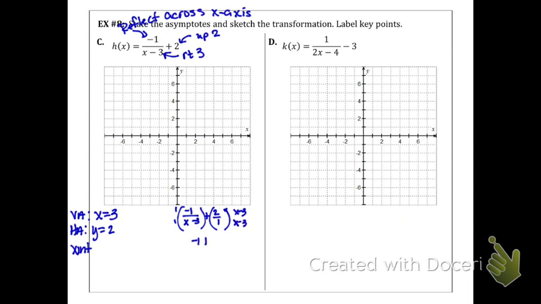So I get negative 1 plus 2x minus 6 over that common denominator. I just went ahead and distributed and put them over the common denominator. So it gives me 2x minus 7 over x minus 3. Nothing's going to cancel, so my x-intercept is going to be where that numerator is equal to 0. So at 3.5.